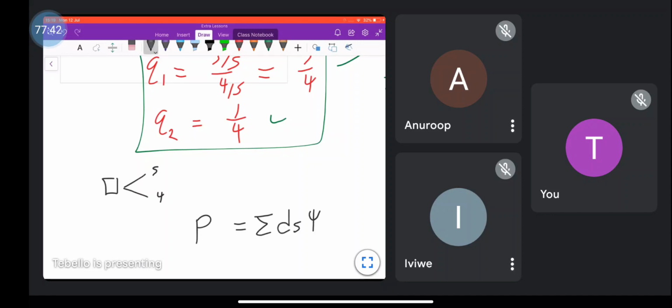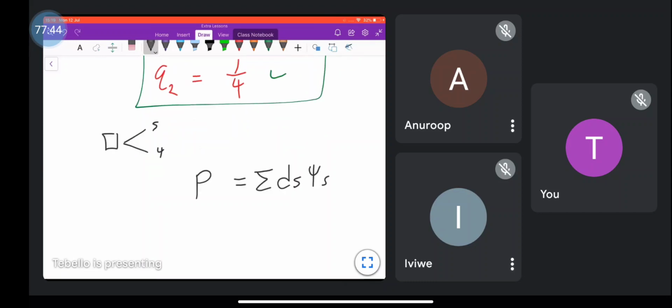So what is the state pricing? The payout is 5 for state 1 and 4 for state 2.